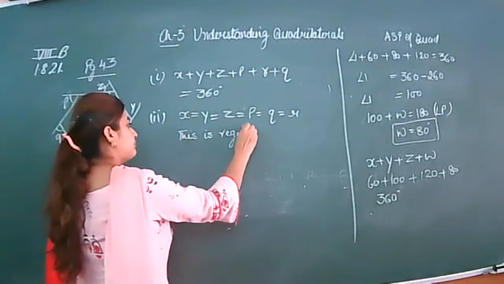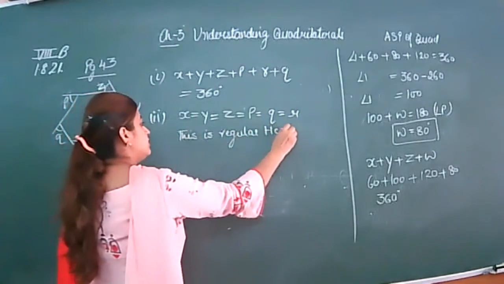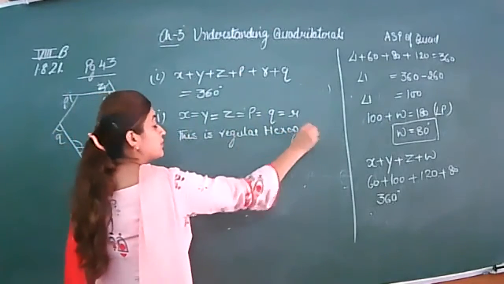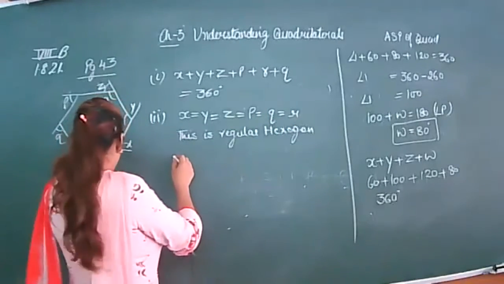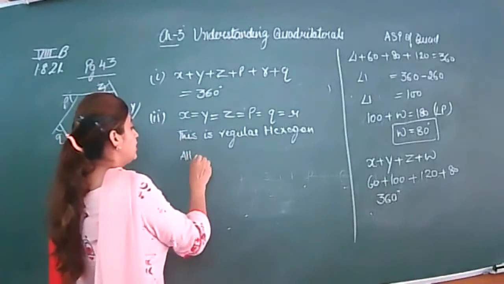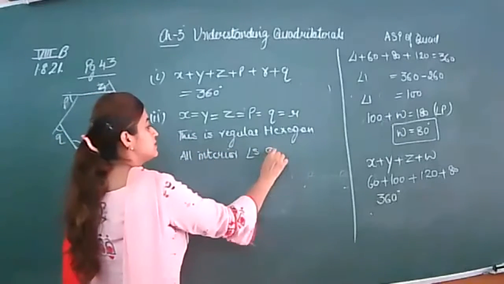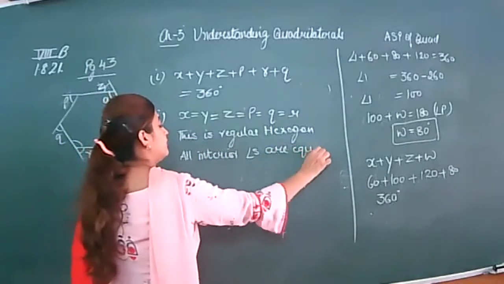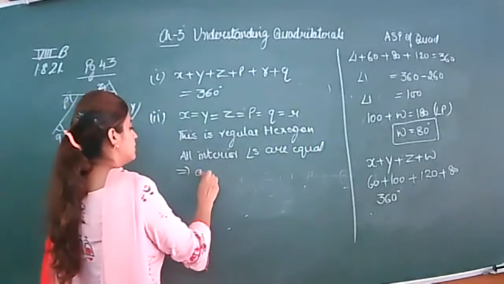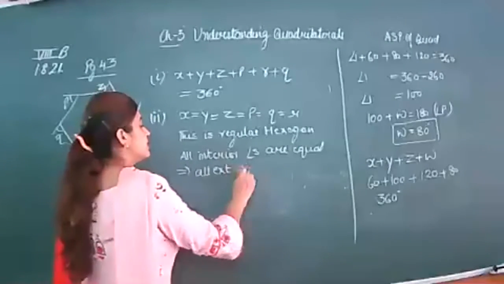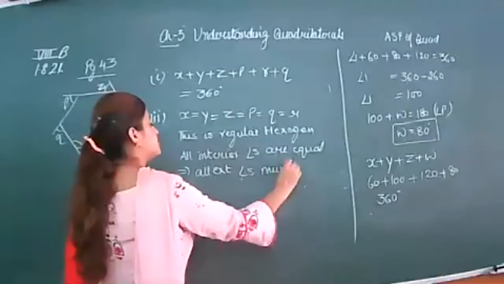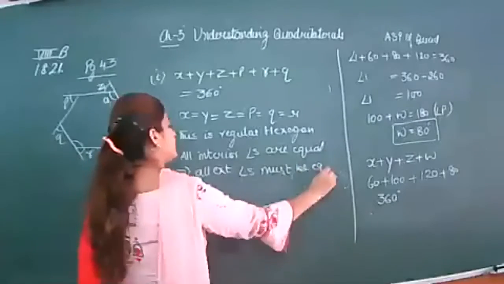So if this is a regular hexagon, all interior angles are equal. This implies all exterior angles must be equal.